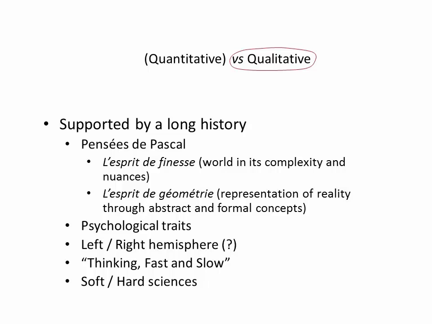We would have two ways to think about things, one with some kind of poetry, and one with some kind of formal logic. And you have even some psychological traits about that. I'm sure that in your country, the temperament or the personality of a professor in mathematics is not the same as a professor in literature. This is the case in all countries.